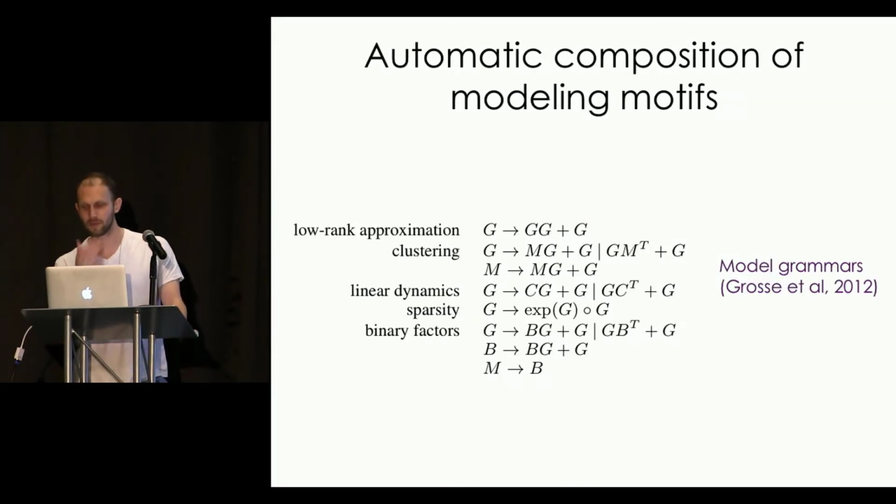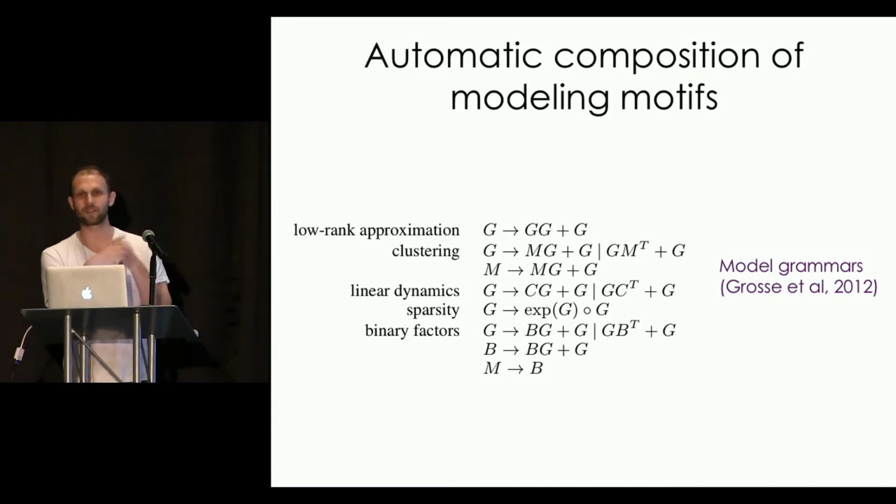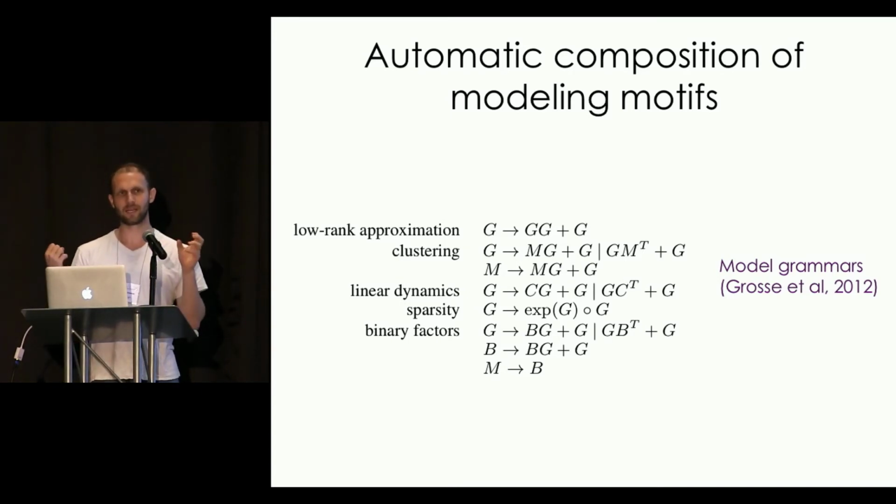Another setting in which this has been pursued is trying to unify different kinds of unsupervised dimensionality reduction techniques. So this work by Roger Grosse and colleagues tried to apply a similar spirit of ideas where we define a kind of grammar over dimensionality reduction methods where the grammar applies to the underlying generative model. In other words, we can take some building blocks and put them together to produce more complex patterns of data.